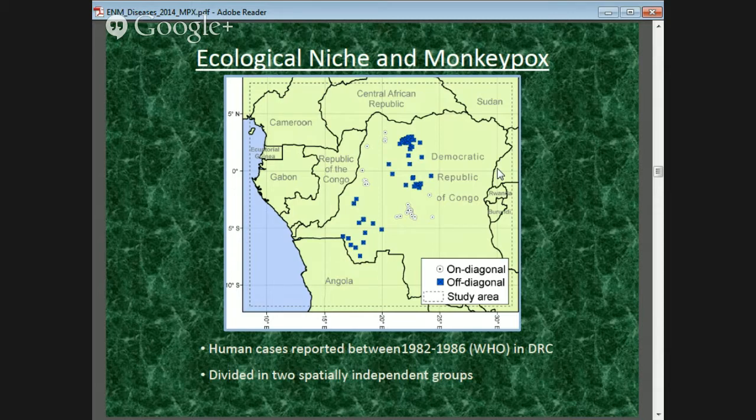One is represented with the circle dots, and the other one is represented by the blue squares. So we could train the model with one of the databases, and the other one will be our testing database, and do the reciprocal analysis to test our data and evaluate it.